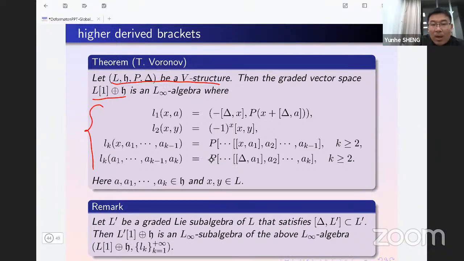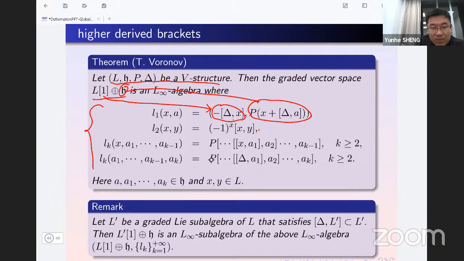So l1 of x plus a equals this. The component in L1 is given by this formula, and the component in H is given by the projection of this formula. And l2(x, y) is exactly the original graded Lie bracket, and you define lk by this derived bracket.